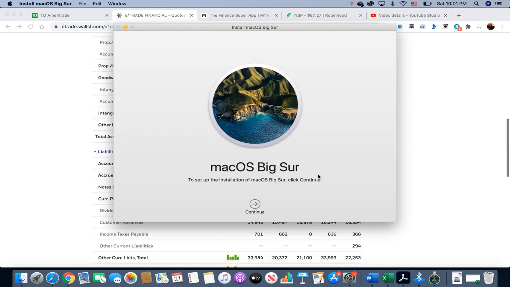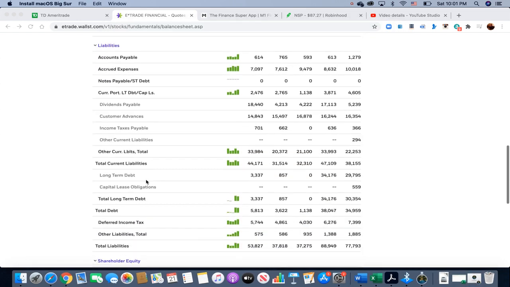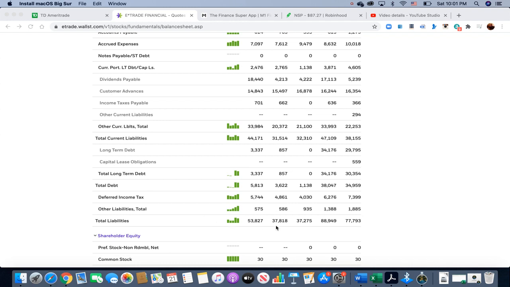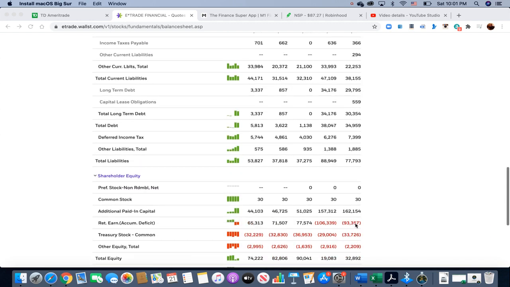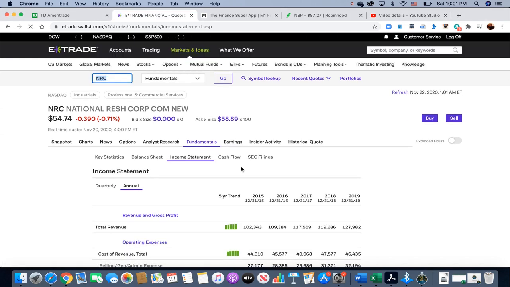Liabilities, total liability is going up. If your assets are going down and your liabilities are going up, it might not be the best thing to invest in.